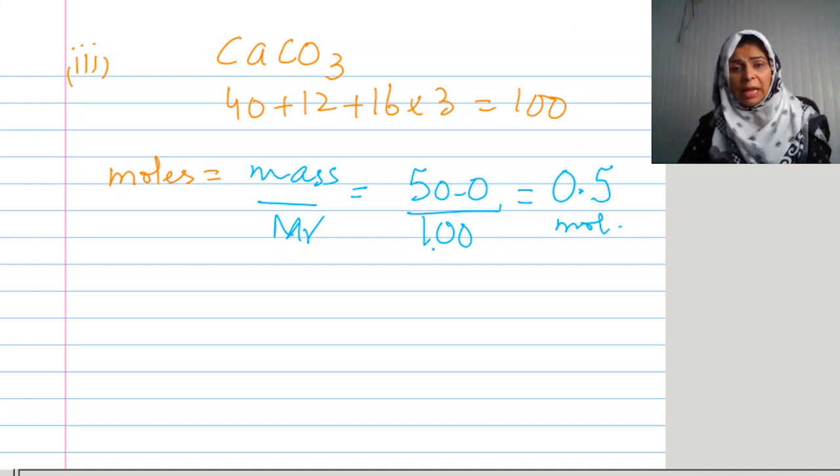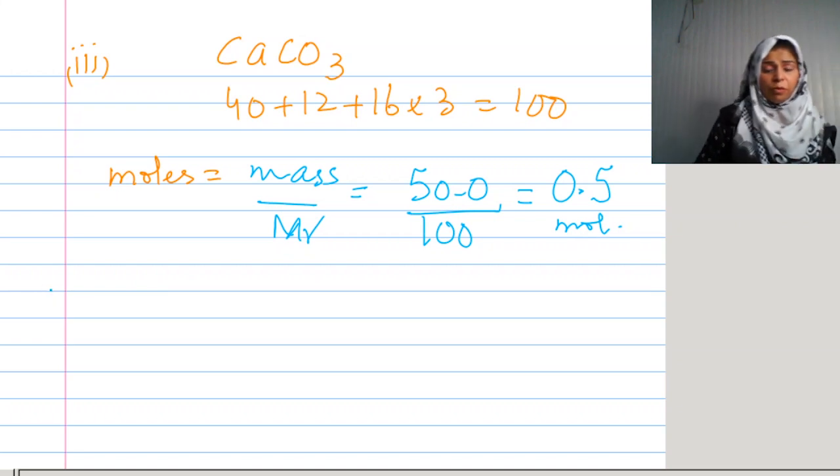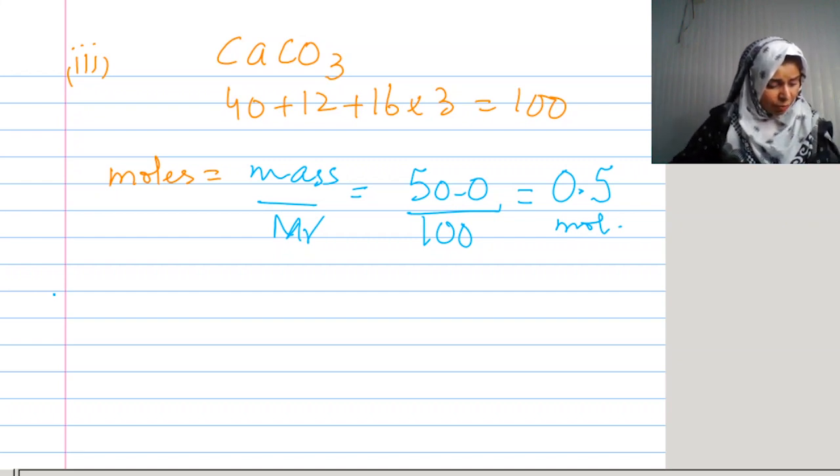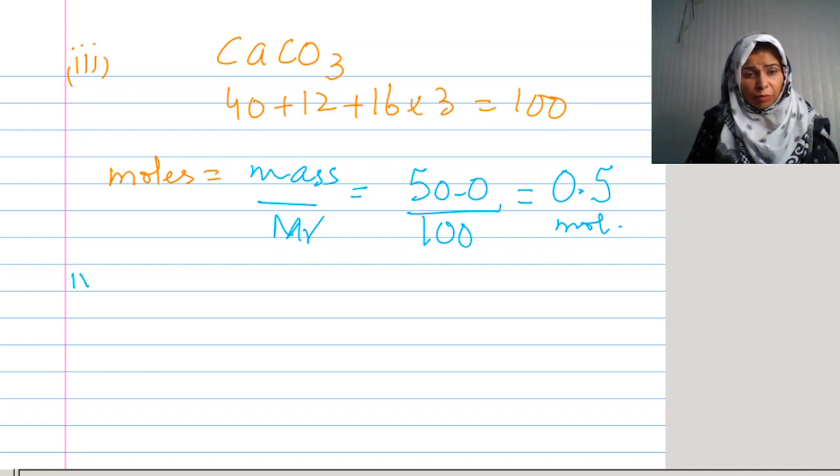So I am going to write a question here. You will solve those questions accordingly and give me the answer in the comment box. Calculate the number of moles of the following substances: 4, 5 and 6.